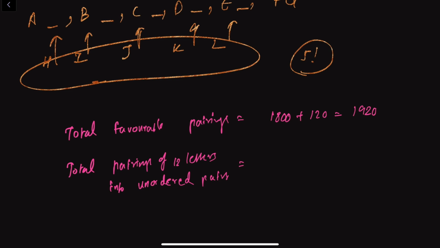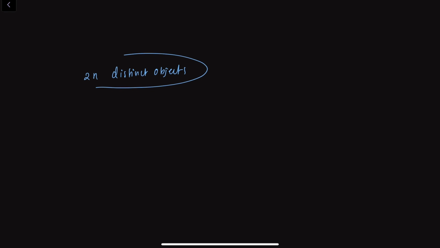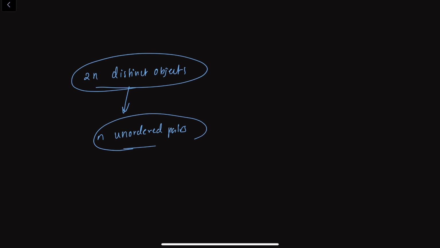For example, if we have 2n distinct objects and we have to divide them into n unordered pairs, we can start with 2n factorial permutations of all objects.